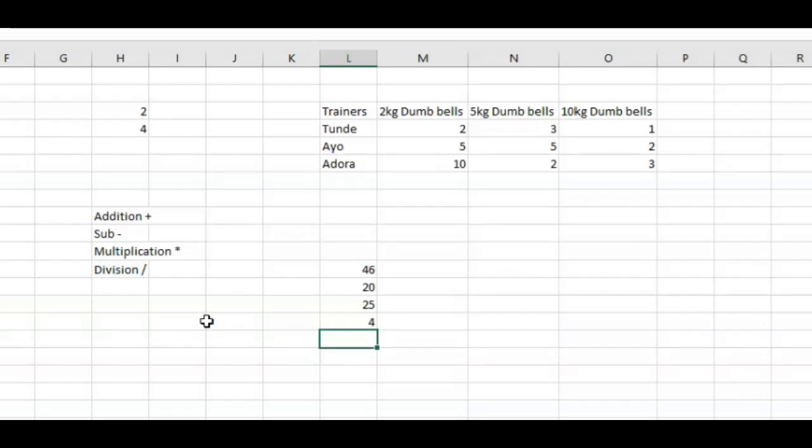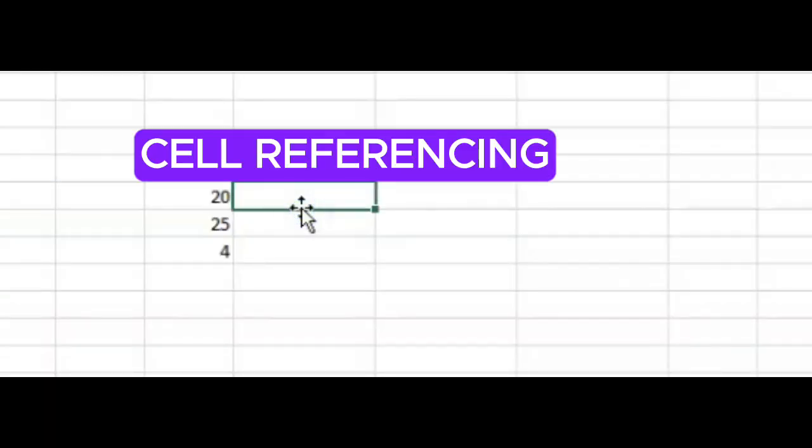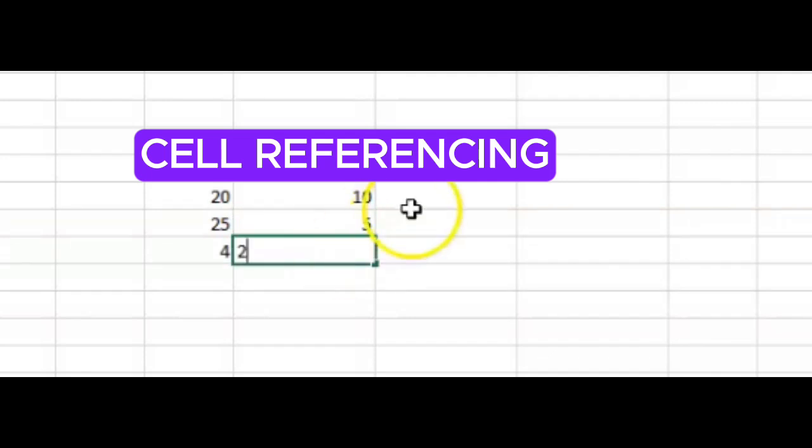Now, Excel can also make references to cells and use the numbers in those cells to carry out mathematical equations. For instance, like we have here, let me say 34, 10, 5, and then 2.